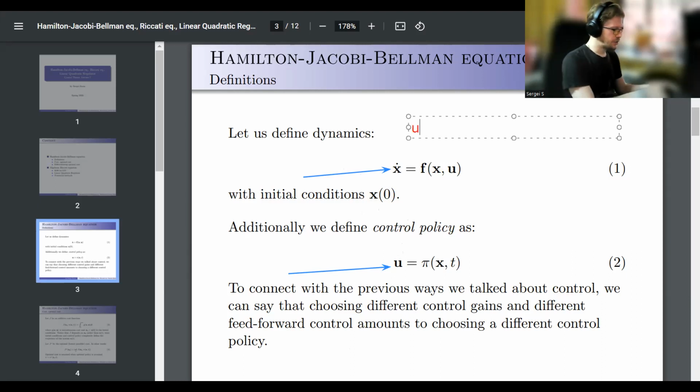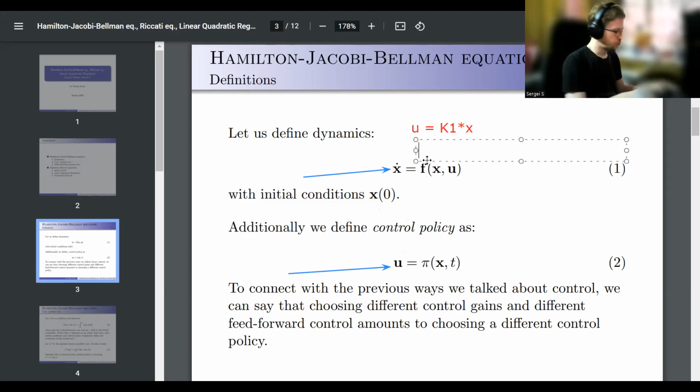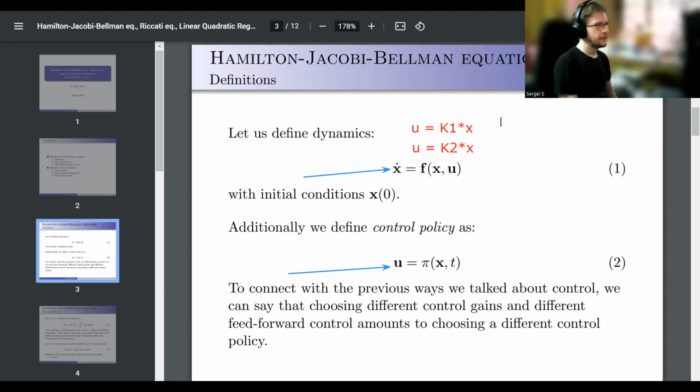Let's say this is control policy number one, and here is control policy number two. As long as K1 doesn't equal K2, those are two different control policies. So choosing different gains will give you a different control policy.